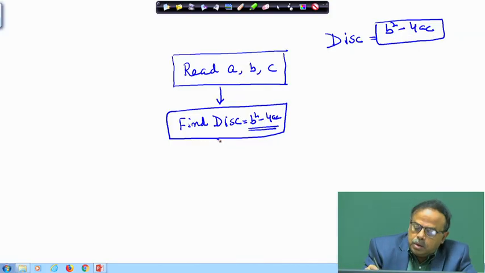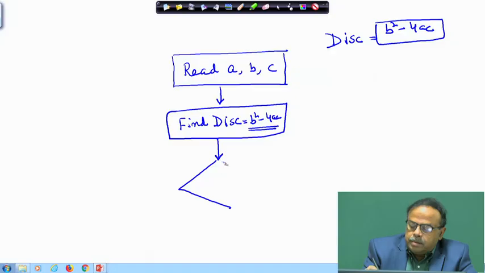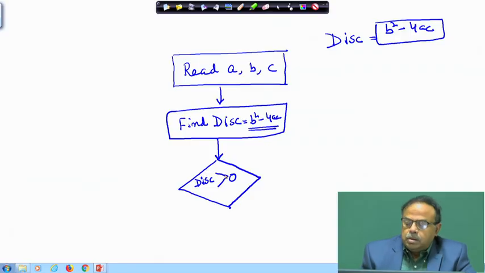So, at this point I will make a decision. Discriminant greater than 0, yes.